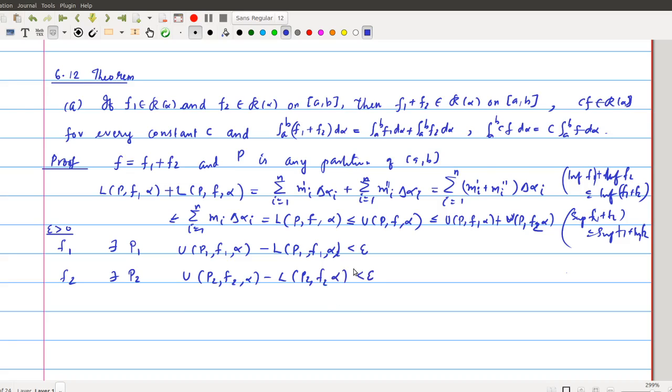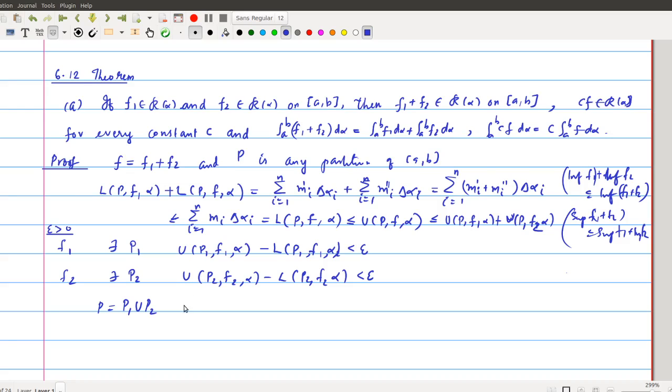But if you replace P1 and P2 by the common refinement, that is, if you set P equal to P1 union P2, the common refinement of P1 and P2, then if the result holds for P1, it holds for the common refinement as well.